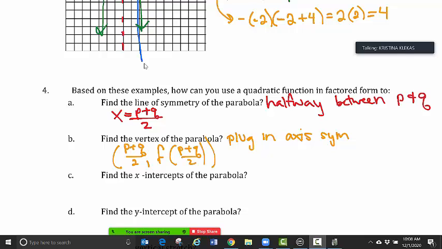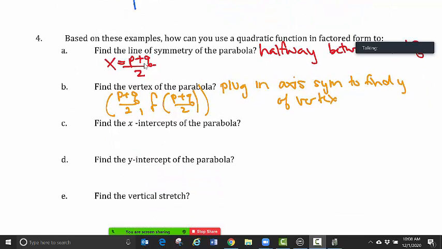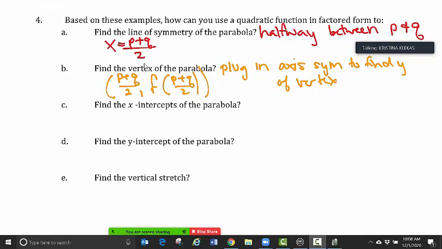It just means find the axis of symmetry and then plug it in. Find the x-intercepts. Well, that's easy. They are the p and the q. That's why we call it intercept form or factored form.